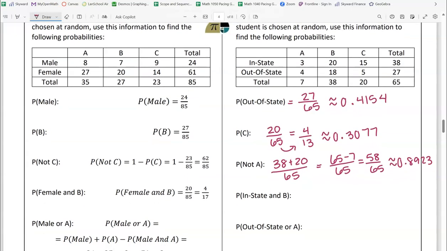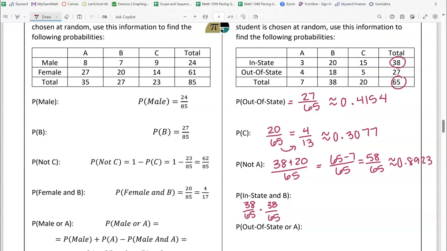Okay, now we have in-state and a B. So all the students who are from in-state and who got a B. Before, when we did the and probabilities, we were multiplying things together, and you can do that. You can find the probability of an in-state student, 38 over 65, times the probability of getting a B, which is also 38 over 65.